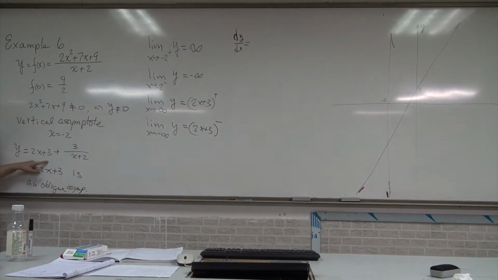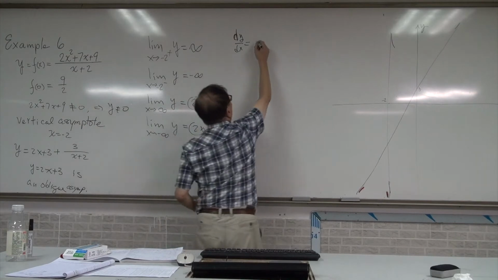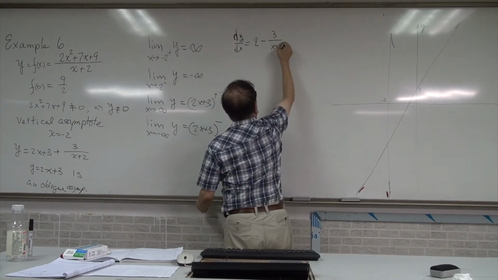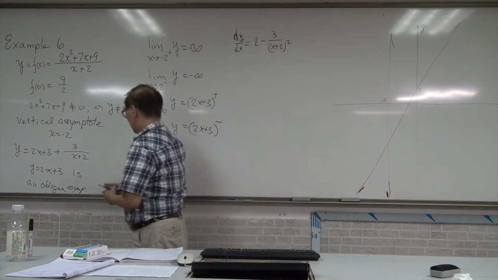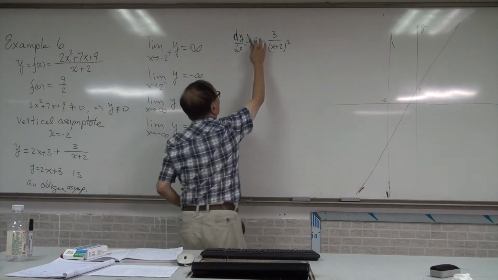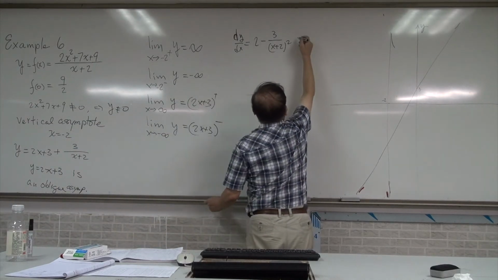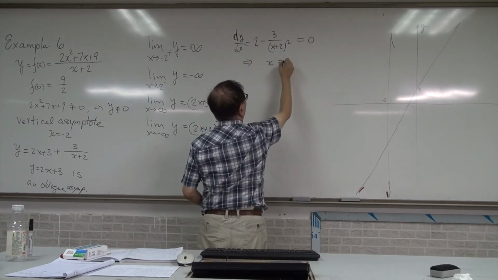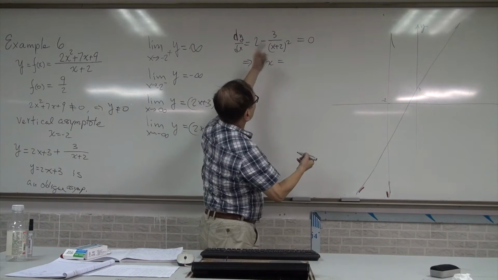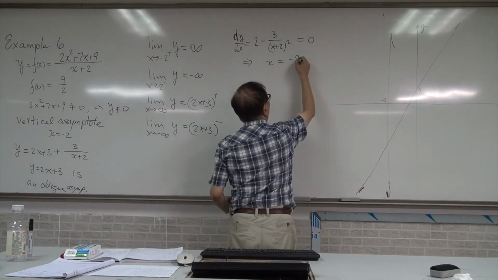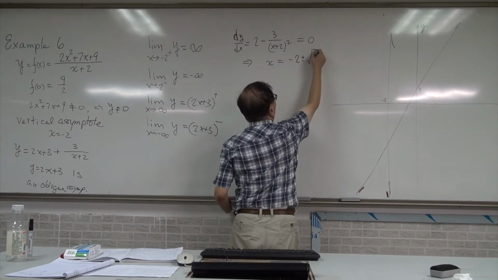That's equal to 2 plus this derivative. Understand? This derivative is negative, right? This is 2. So this is my derivative. And then let this be equal to 0, and you can find that x is equal to, this is very easy to solve, minus 2 plus or minus 2.